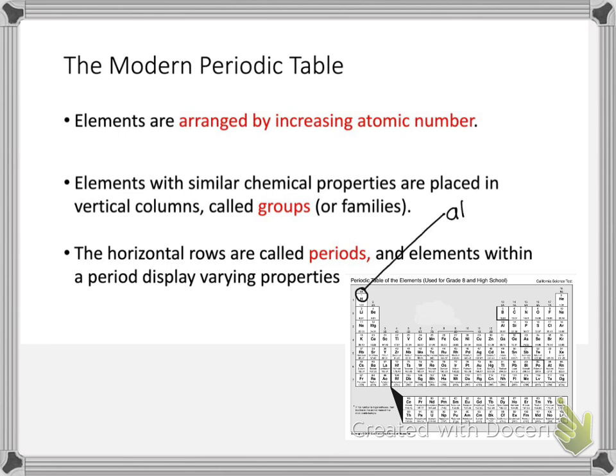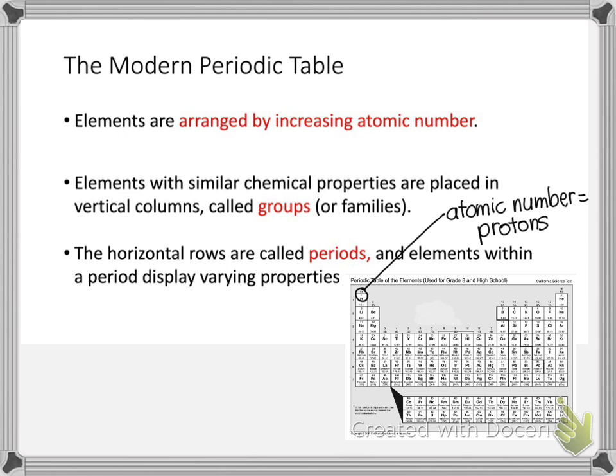And so that's the atomic number. The atomic number is equal to the number of protons in that atom. And so it's the number of protons that gives the identity to the specific atom. So no two elements have the same number of protons.